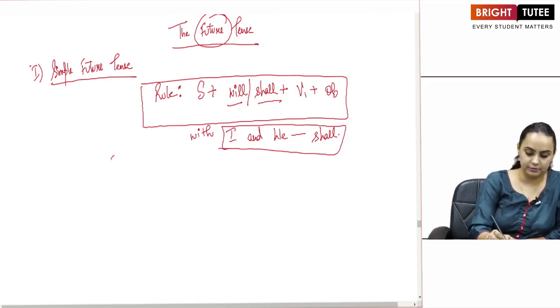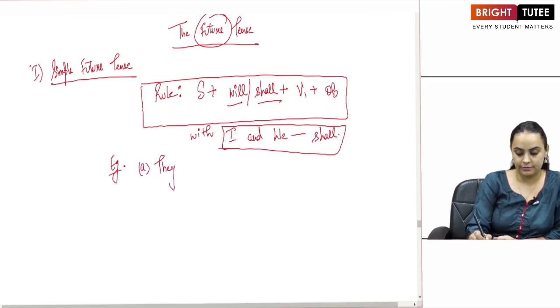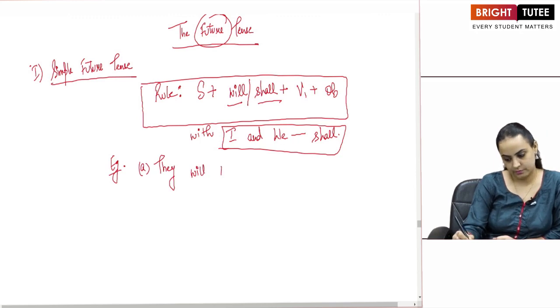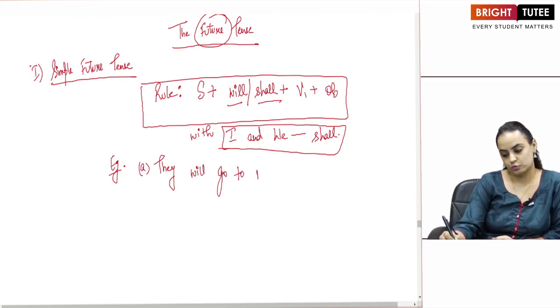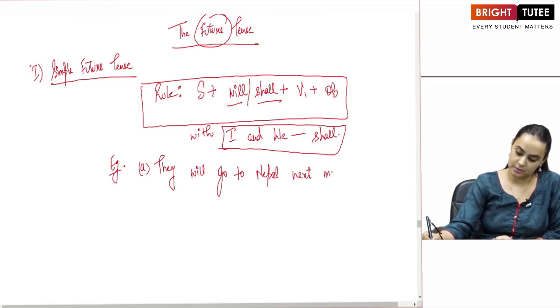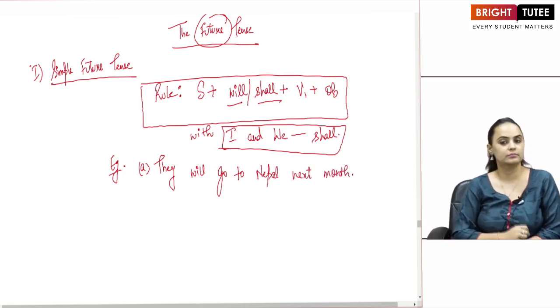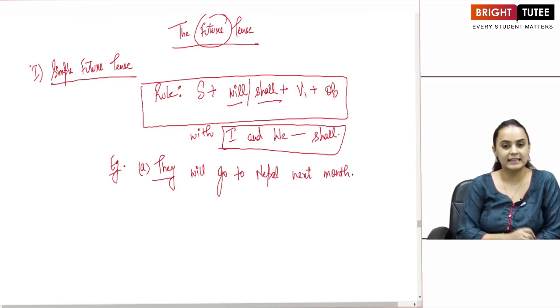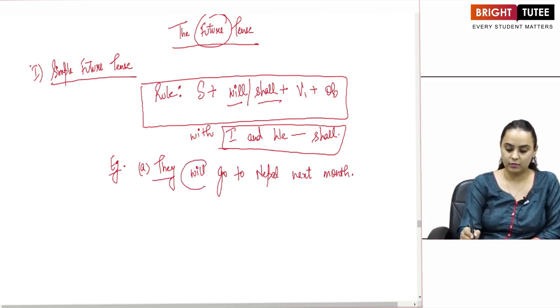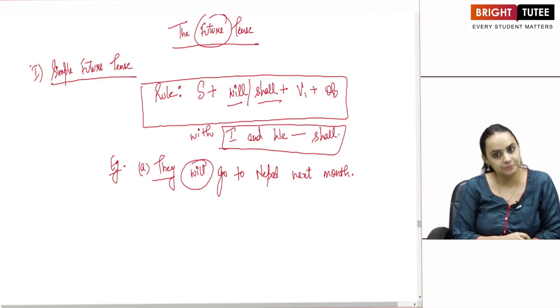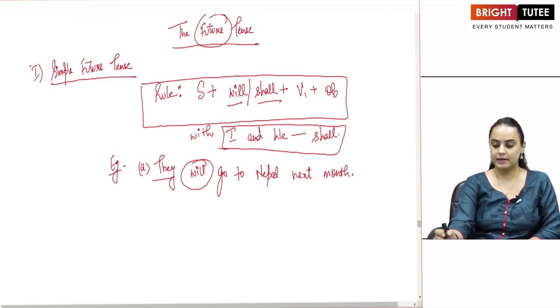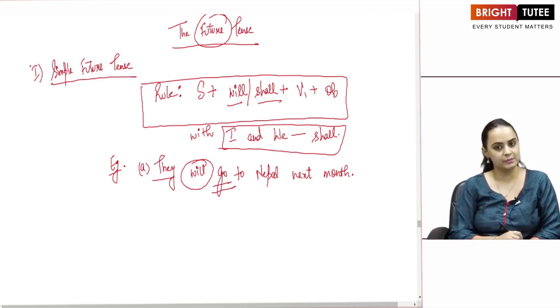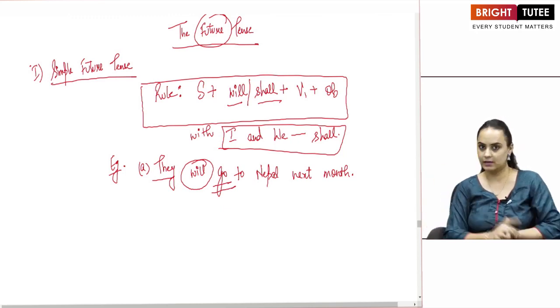For example, they will go to Nepal next month. What is my subject? They. And that is why, what did I use with they? Will. So, will plus the first form of the verb, that is go, will go to Nepal next month.